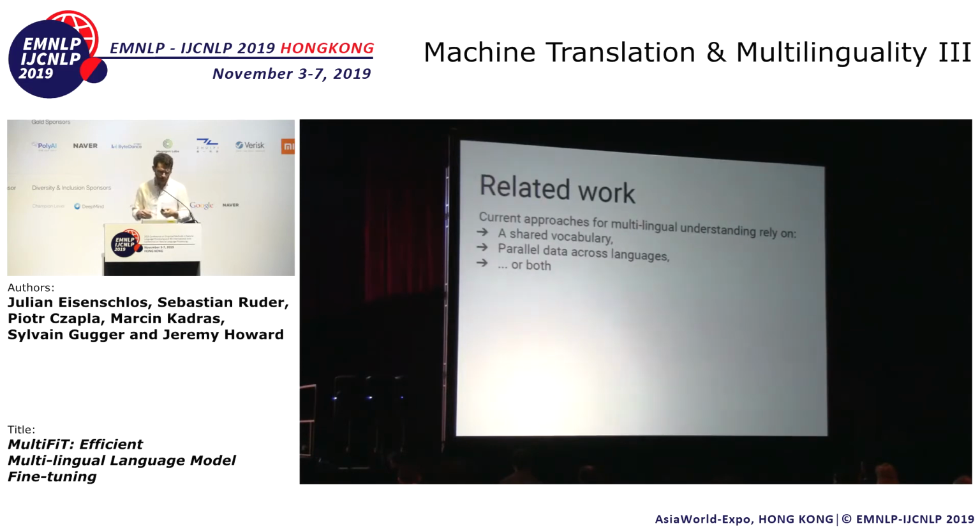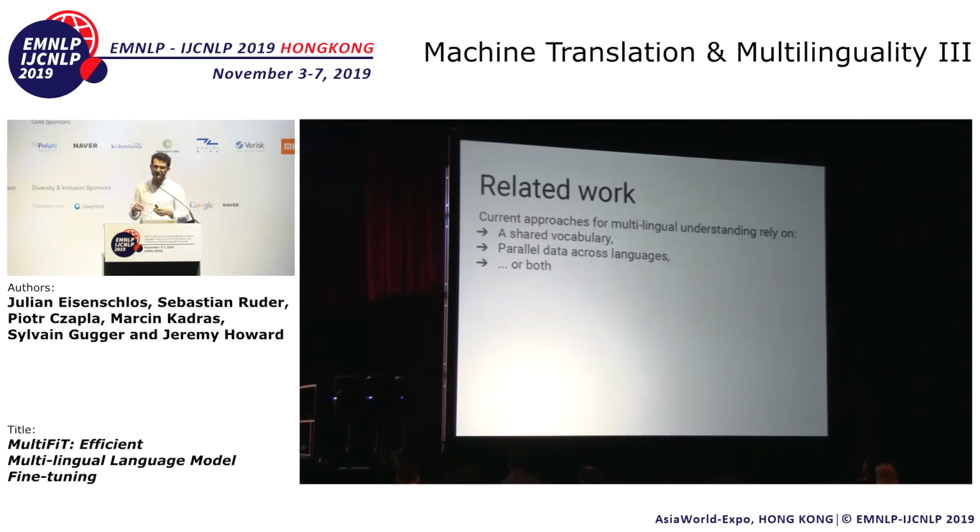So a word about related work. Current approaches for multilingual understanding will typically rely nowadays on either a shared vocabulary, examples of these being multilingual BERT, or also on parallel data across languages. That could be at the word level, sentence level, or document level. For word level, for instance, there's MUSE, which is a method to align word embeddings.